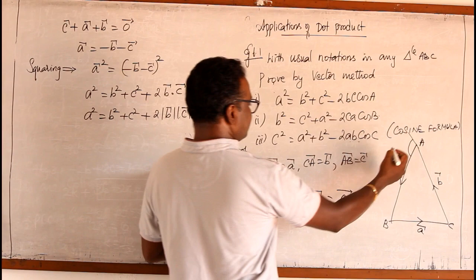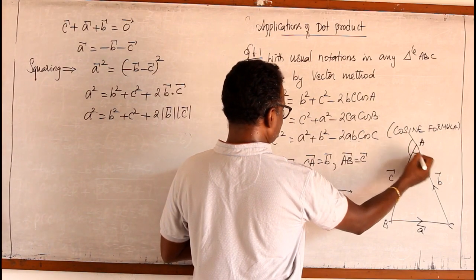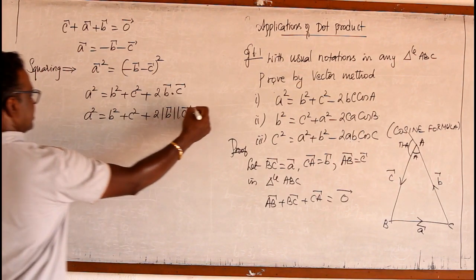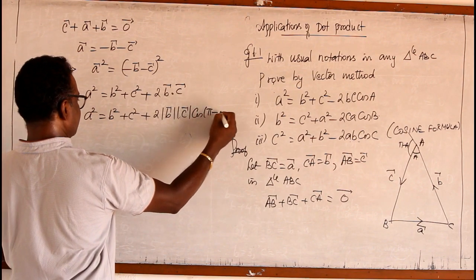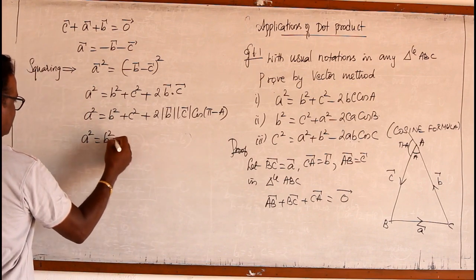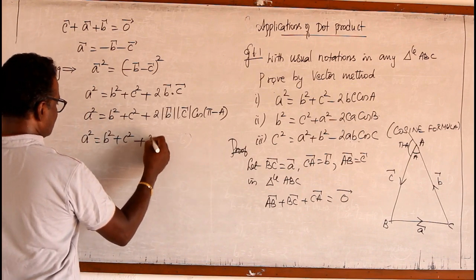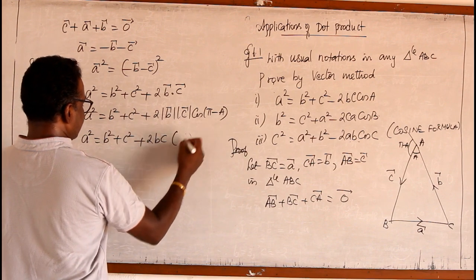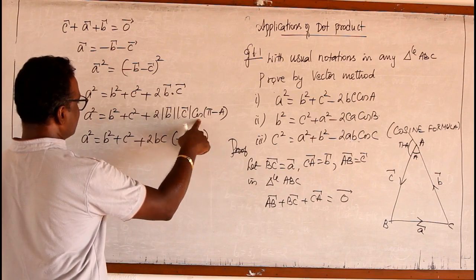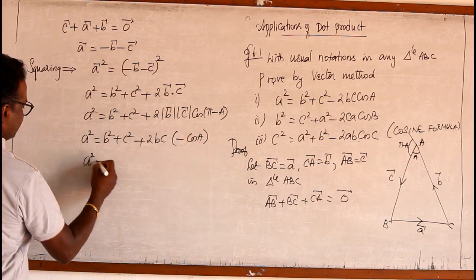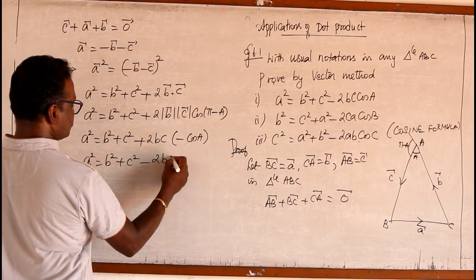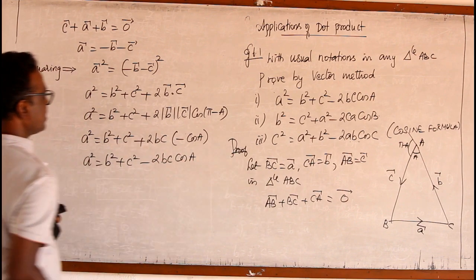The angle made by b with c, from the diagram, is 180 minus A, so it is cos(π − A). So a² = b² + c² + 2bc times minus cos A, since in the second quadrant cos is minus. So a² = b² + c² − 2bc cos A.